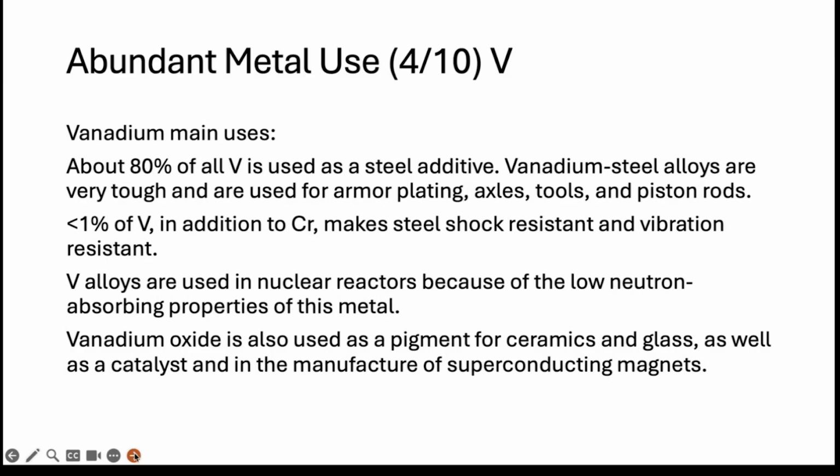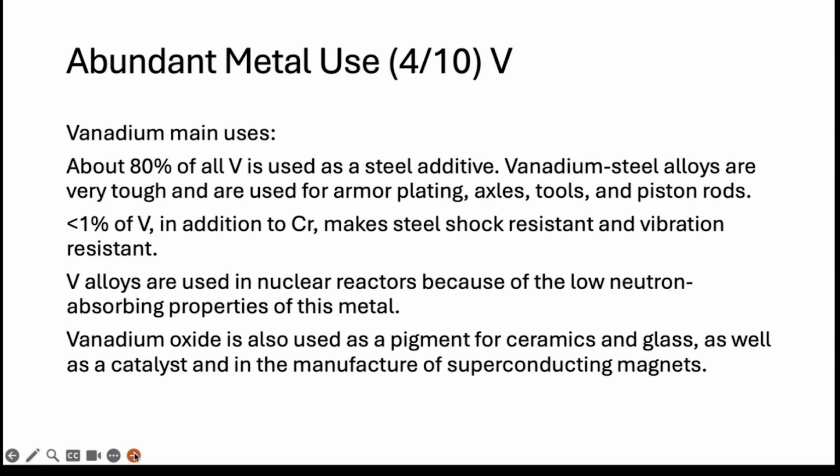Abundant metal number 4 is vanadium, the easiest element to remember from its initial. 80% of all vanadium is used as a steel additive. So vanadium steel alloys are very tough, used for armor plating, axles, tools, piston rods.